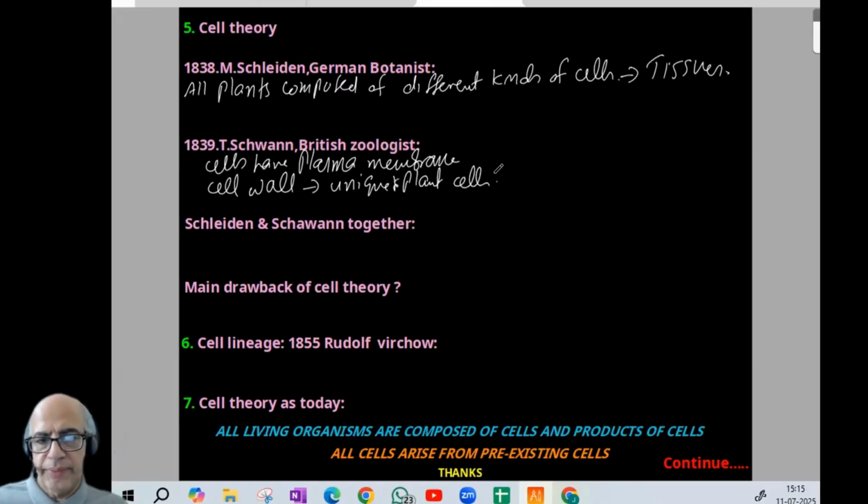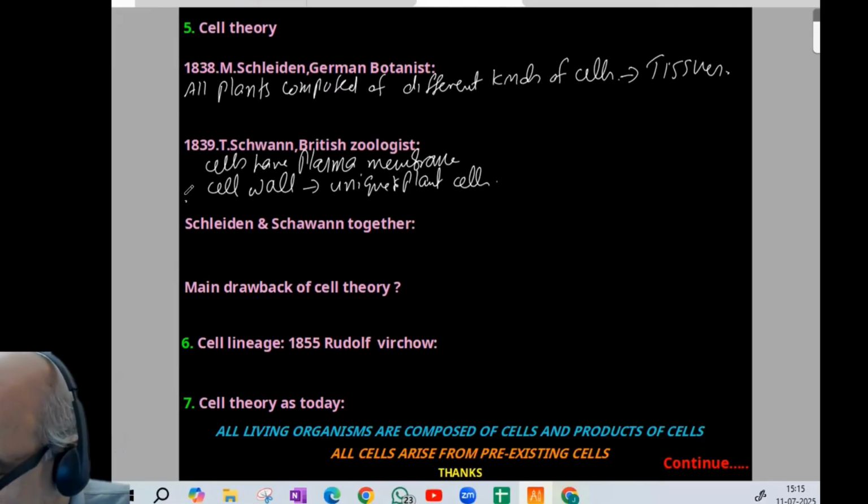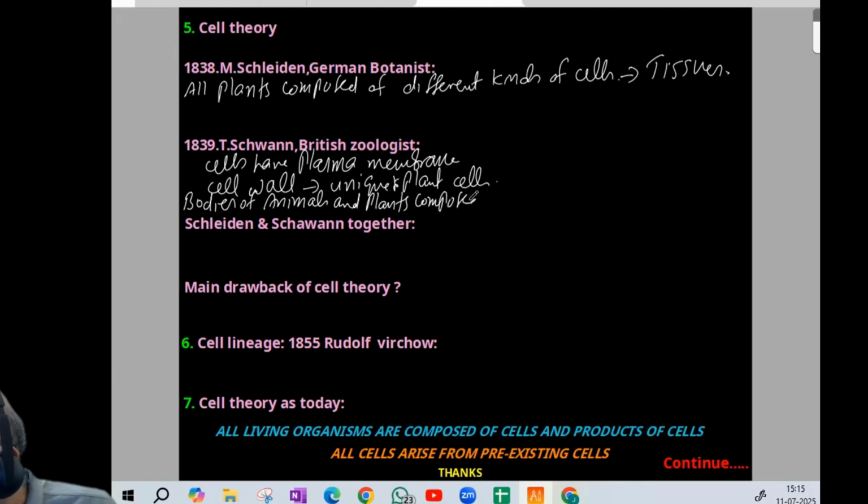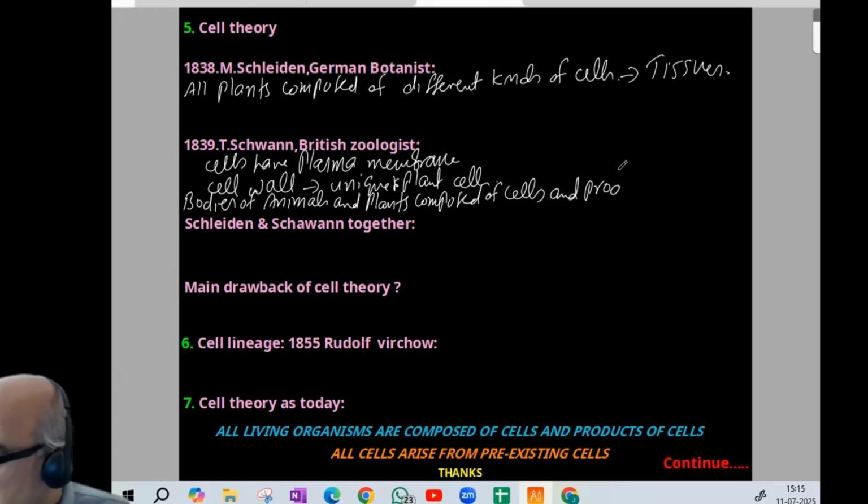One more idea according to Schwann is that bodies of animals and even plants are composed of cells and products of cells.